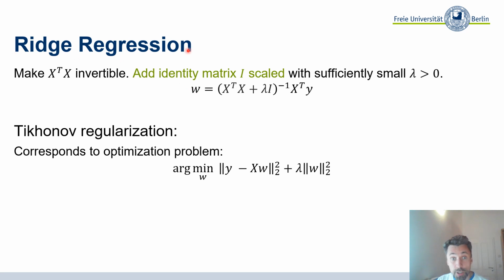So in ridge regression, we do a little trick. We add lambda times I, so these are small lambdas on the diagonal, to the matrix x transpose x, and then we can invert it. And this basically goes back to the optimization objective that we had before. So the distance of the predicted and the given labels needs to be minimized, but we also now want to minimize the squared length of the vector.